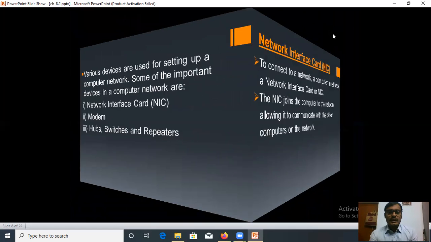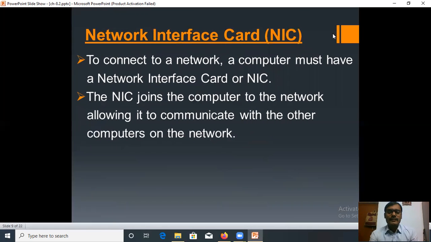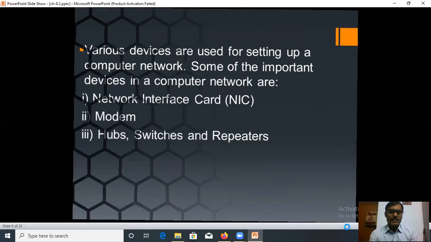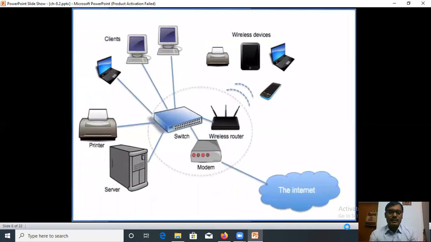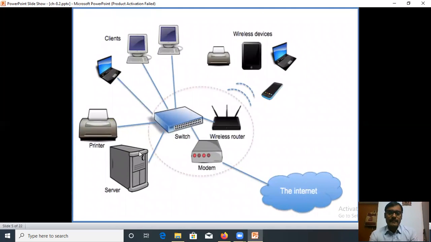Now you can see network interface card. But before coming to the network interface card, I want to show the picture of a server and a client computer. In this picture, you can see this is the server.